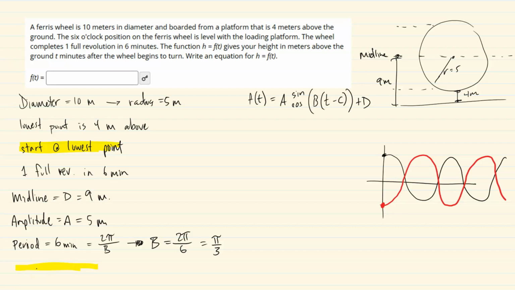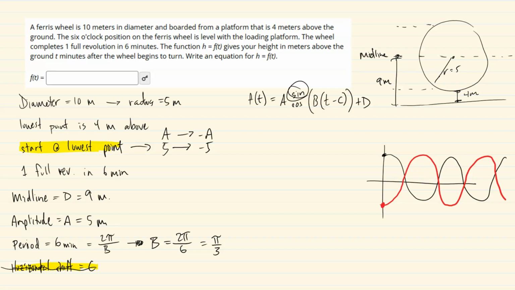So to deal with the start at the lowest point, that just tells us that we need the amplitude to be, instead of 5, it will become -5. So instead of A, we would have -A. And we'll be dealing with the cosine function. We're going to be dealing with this cosine function here.